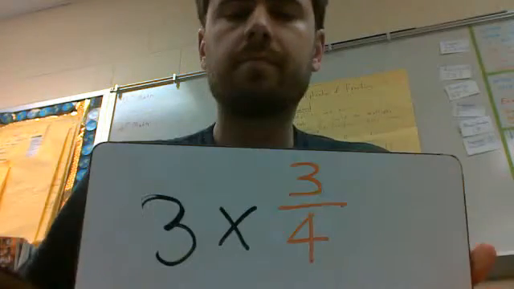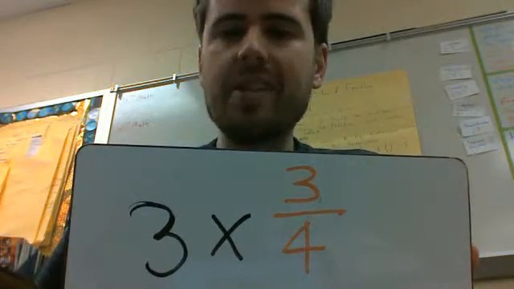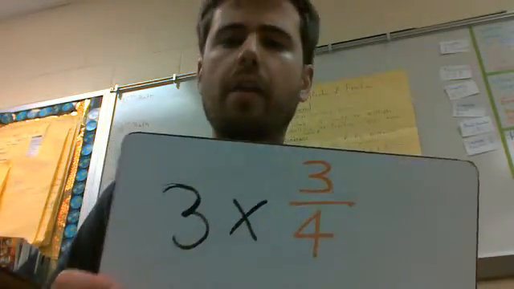Now, that's pretty easy, but let's replace the 4. Instead of 3 groups of 4, now let's write a fraction. It looks formidable, but it's actually pretty simple. Now, instead of 3 groups of 4, we just have 3 groups of 3/4.